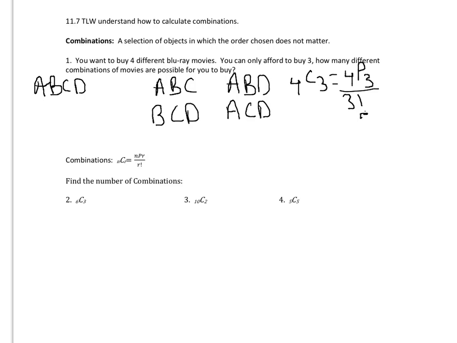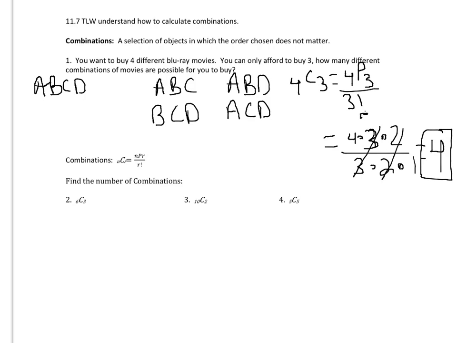That means you include everything except for the number 1. So 4 permutation 3 is 4 times 3 times 2, and 3 factorial is 3 times 2 times 1. Well, these cancel each other out. What's 4 divided by 1? 4. Isn't that what we ended up with, 4 ways?